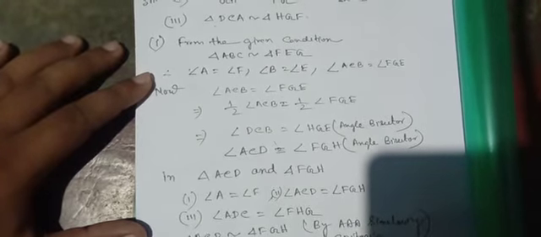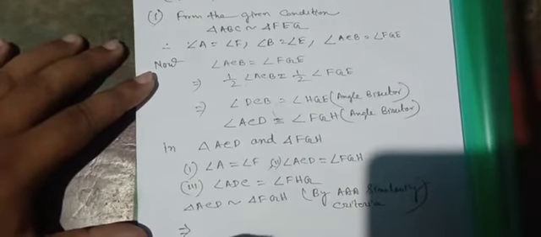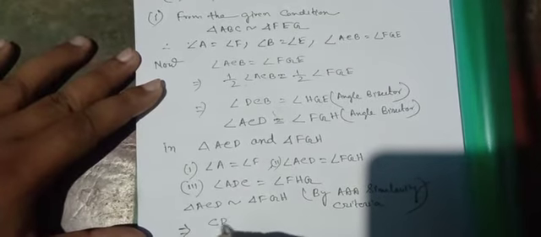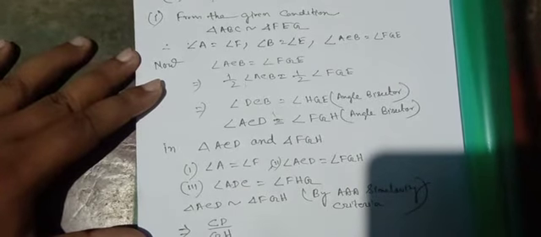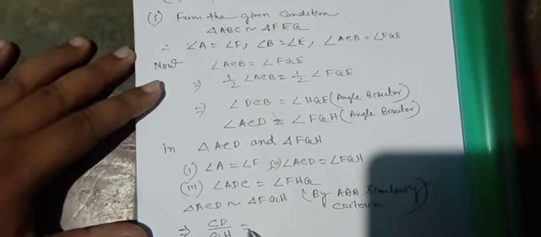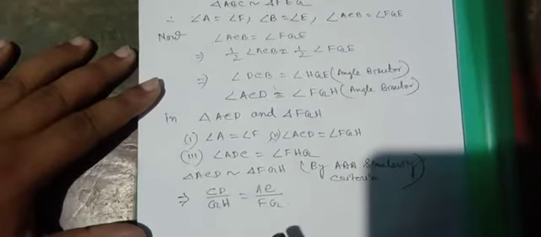This implies CD by GH, means their corresponding sides will be equal. So CD by GH equals AC by FG. So the first one is proved.